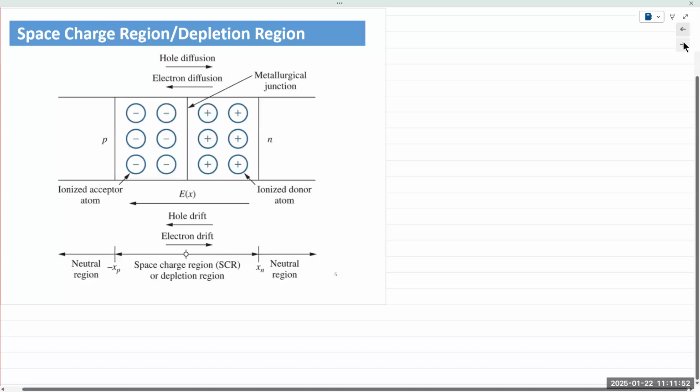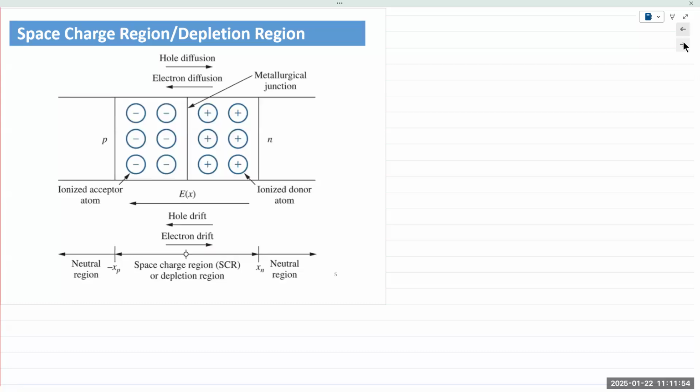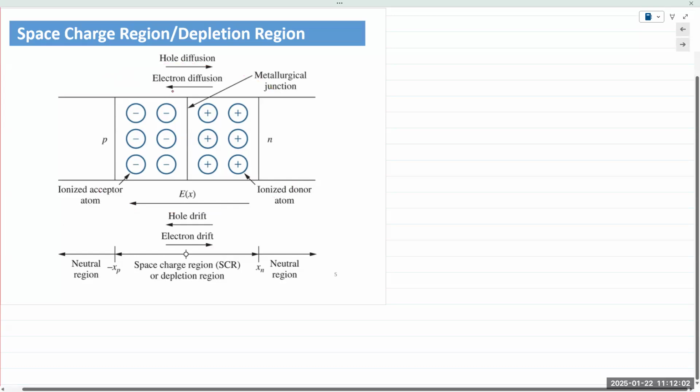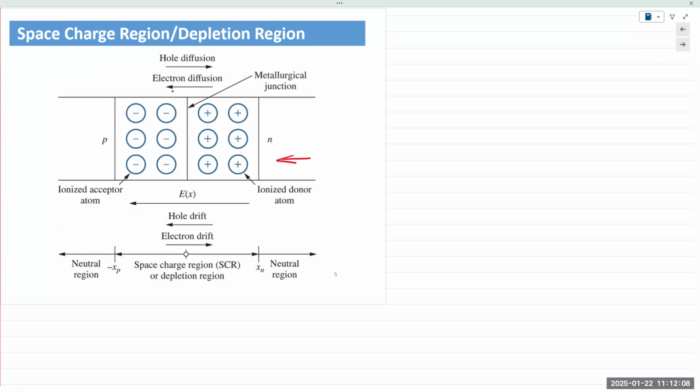So let's take a closer look at what happens near the junction and around the junction. Here's a close-up view of the junction itself. As the electrons move from the n side towards the p side, they are going to leave behind ionized atoms. The electrons are free to move, so they diffuse into the p side material, and they leave behind ionized atoms.